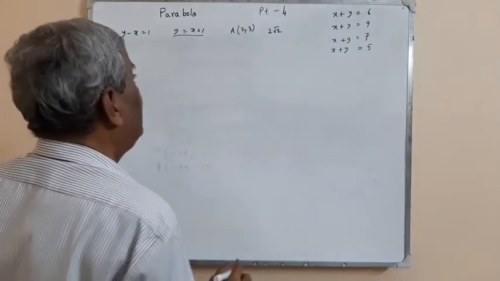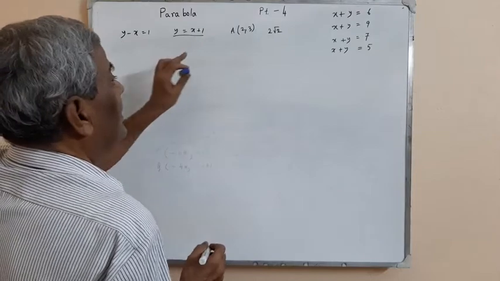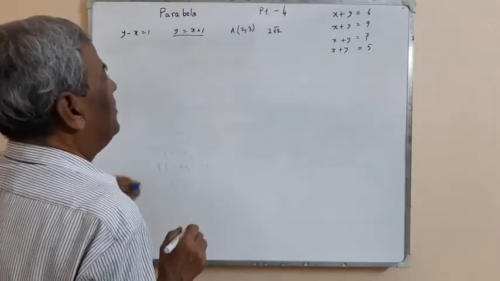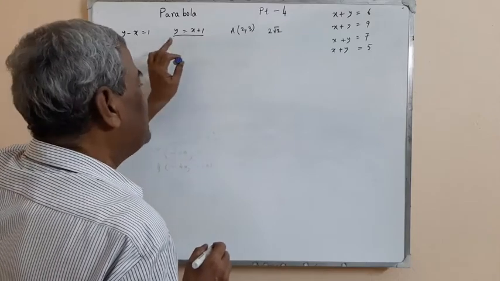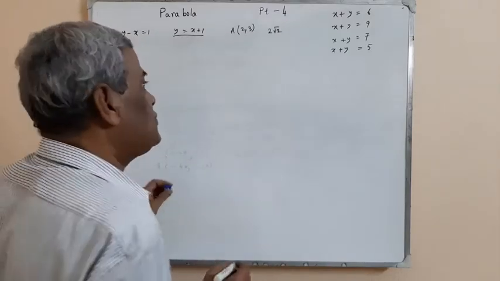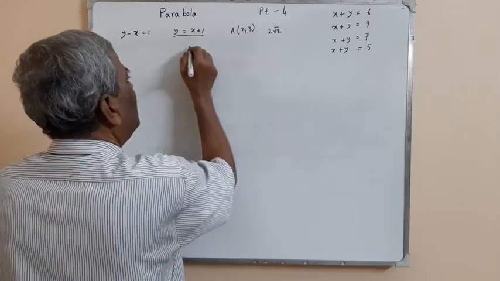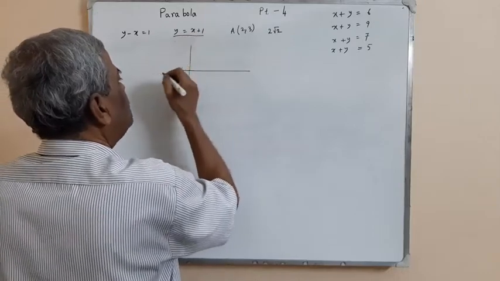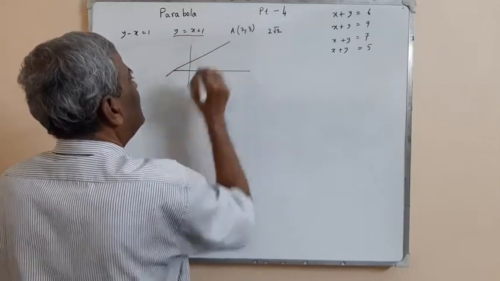Okay, let us see the problem. The equation of the parabola is not given, but instead it is given that this is the equation of the axis of the parabola. Suppose this line is y is equal to x plus 1.